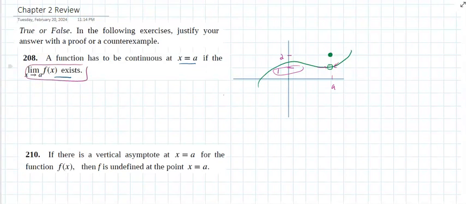The limit exists. A function has to be continuous at a if the limit exists. This function is not continuous at a, but the limit still exists. So that's false.